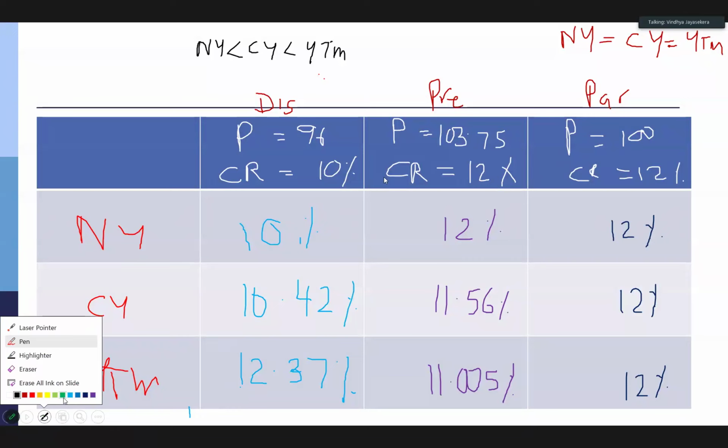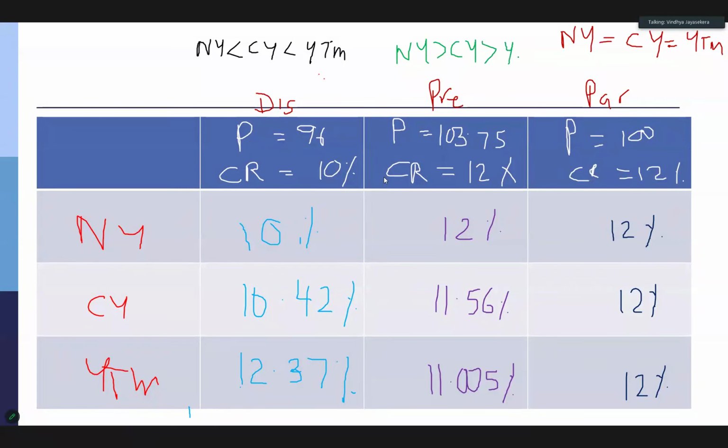And vice versa for premium bonds, always nominal yield will be the highest versus current yield versus yield to maturity. Why? Because nominal yield is the coupon rate, but doesn't take into consideration that you're buying at a price higher than par. So actually your current yield, your actual yield, is lower than what is promised to you, right?